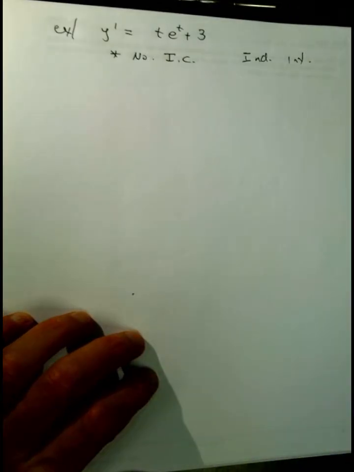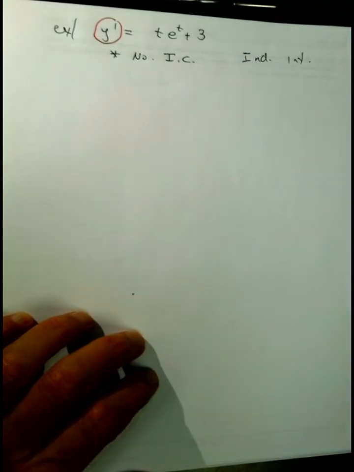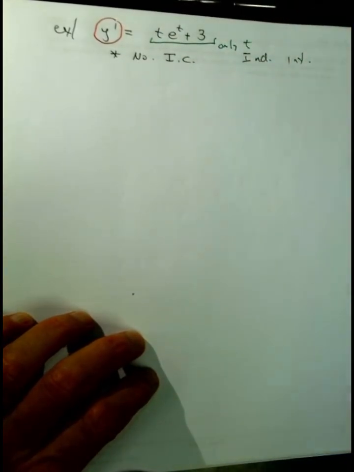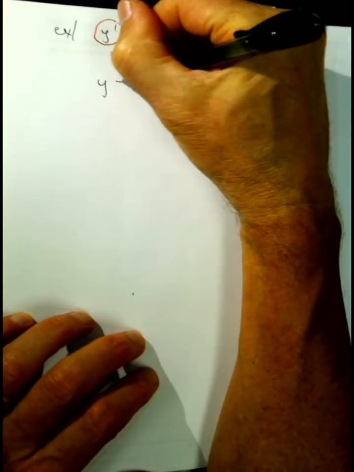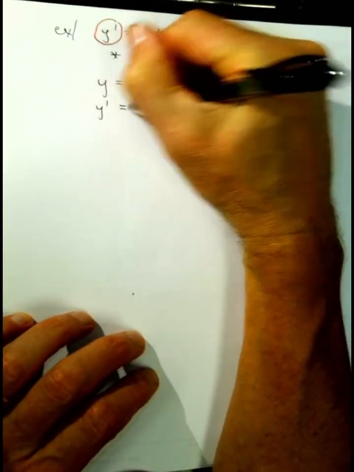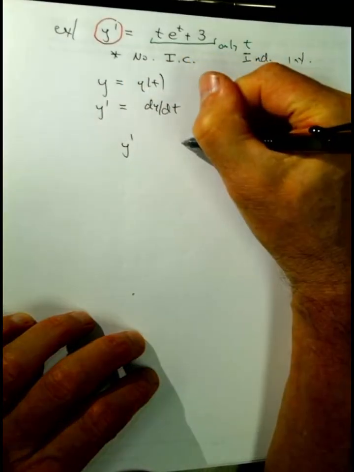But having said that, I only have y prime on the left, and I only have t on the right. So again, this is saying my function is a function of t, and when I say y prime, I've got dy dt. So what is my differential equation?